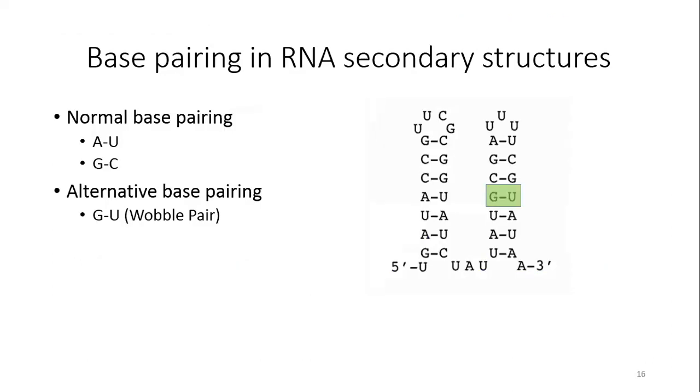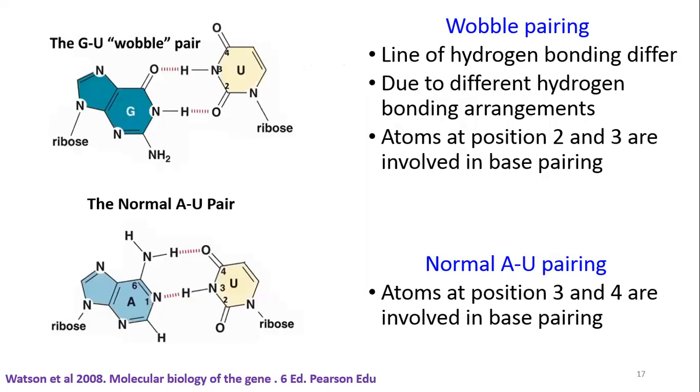But let me first give you some details of the structural aspect of this Wobble base pair, and let us compare it with the normal AU base pair. In the normal AU base pair, the atoms involved in hydrogen bonding between the bases are the atoms at position 3 and 4.